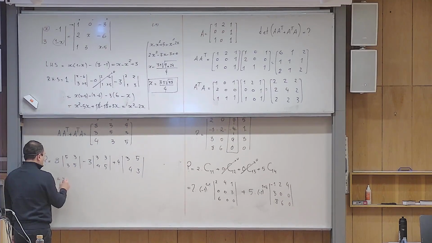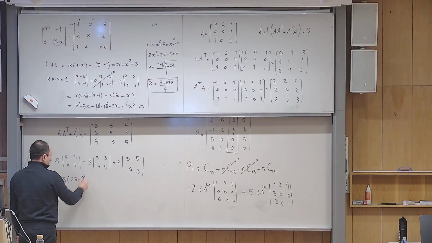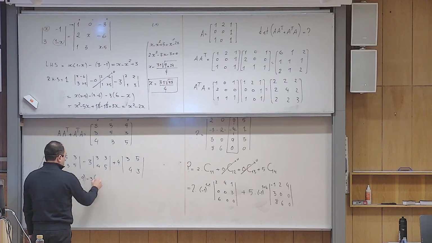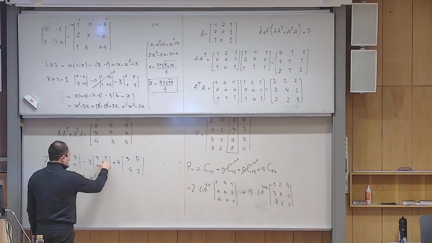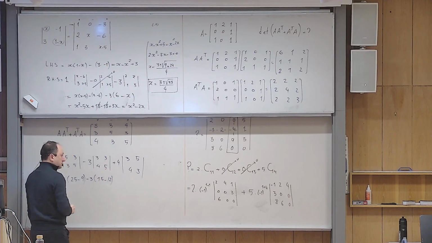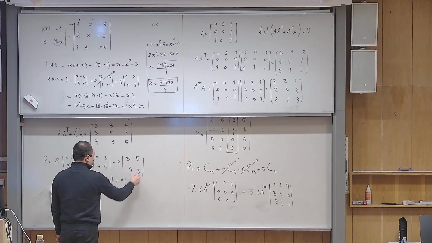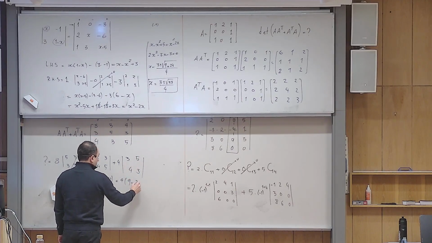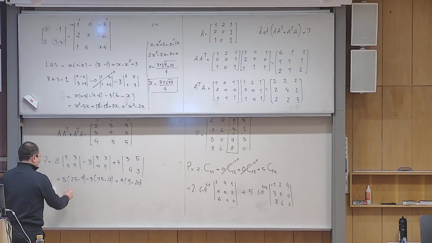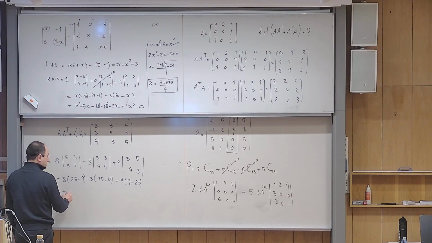And then I calculate them. So this becomes 8, this times that is 25, this times that is 9, subtract them. This times that is 15, this times that is 12, subtract them. And then this times that is 9, this times that is minus 20. So this is just how much? 16, yes? So 16 times 8 is what?